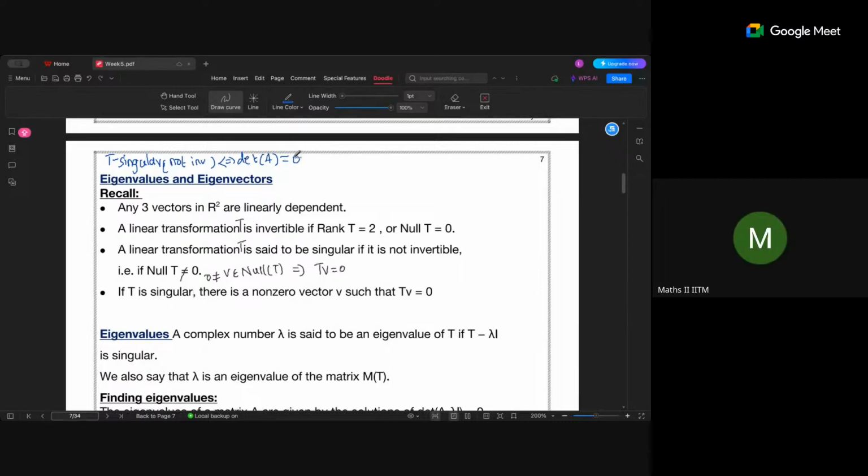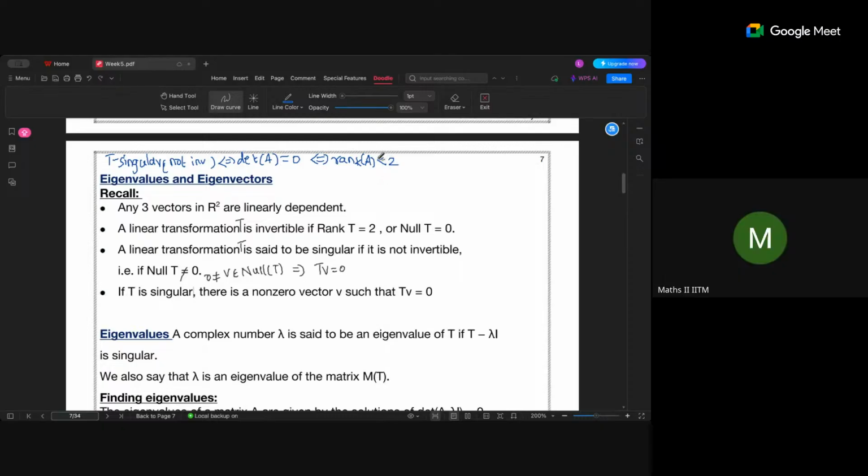If the determinant of A is 0, you know that rank of A is what? Can it be 2? Then it will be dependent vectors, right? So it should be strictly less than 2, right?